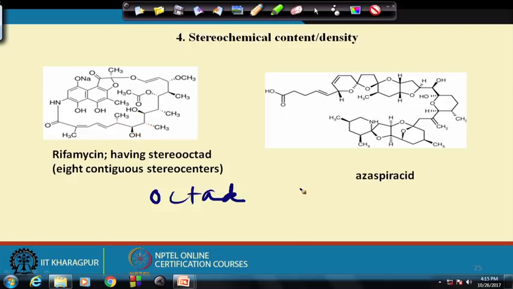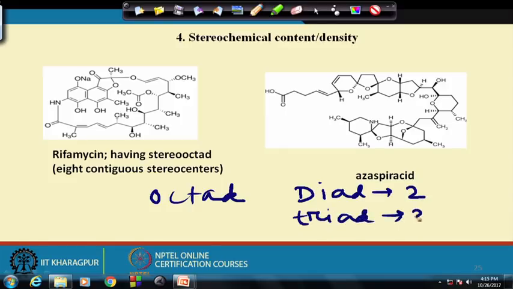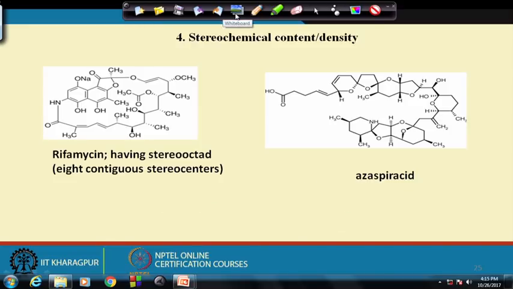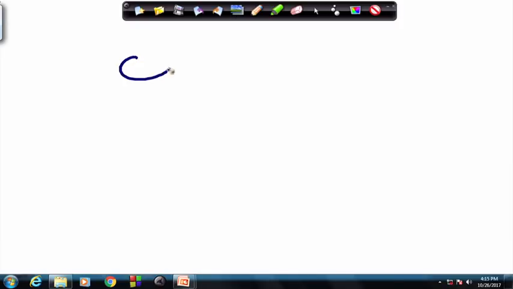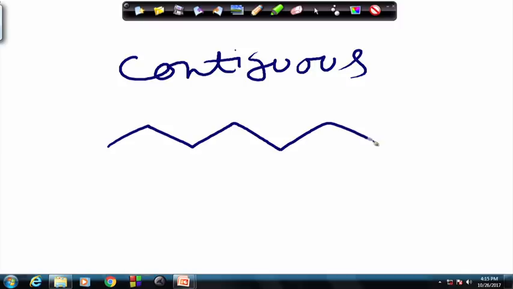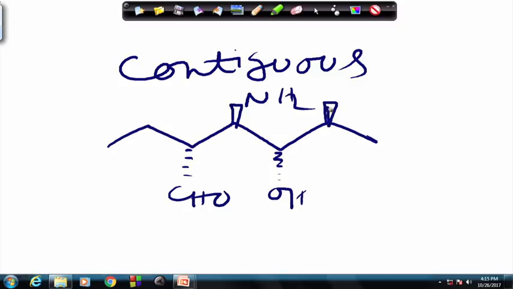It's an octet. If you have 2 stereocenters, it is called a dyad. If you have 3 stereocenters, it is called a triad. Now, sometimes we use some terminology which is called contiguous. Contiguous means continuous stereocenters. Let us say you have a chain something like this and you put stereocenters, something like CHO, NH2, putting an OH, putting a methyl.